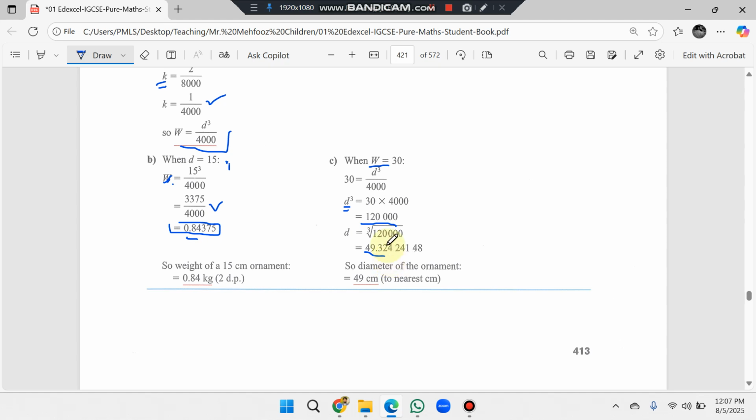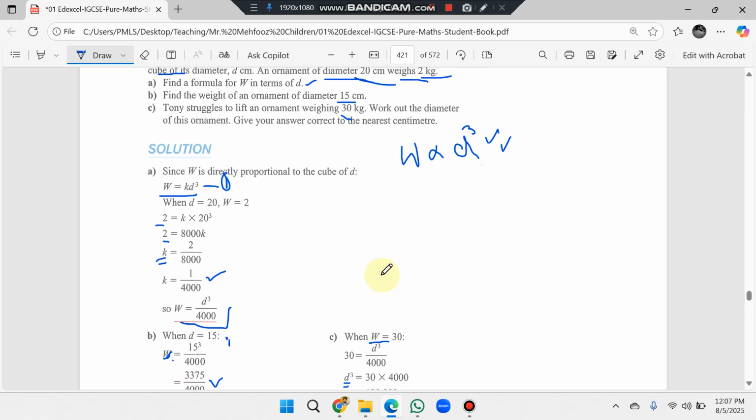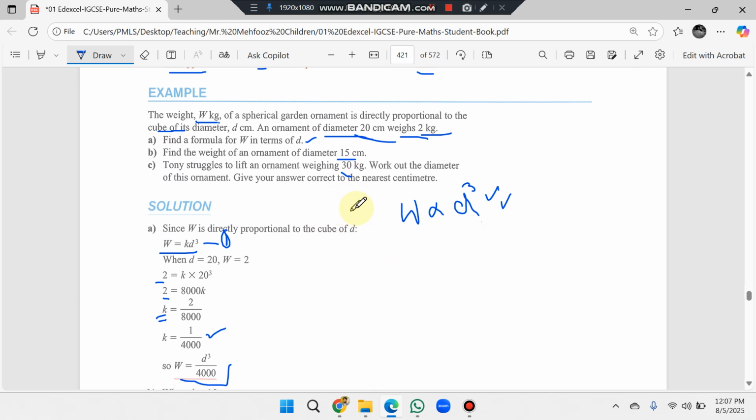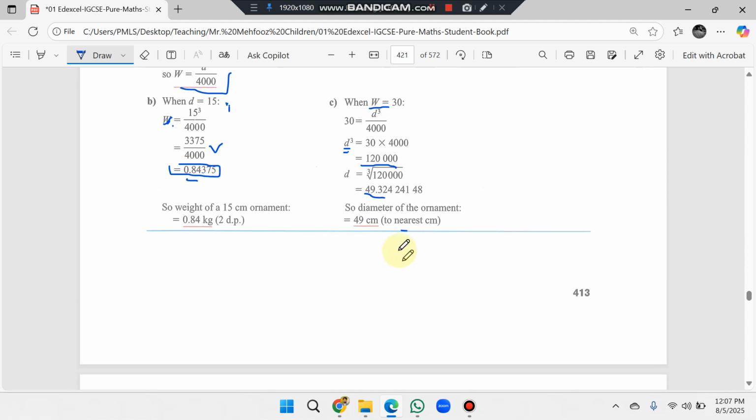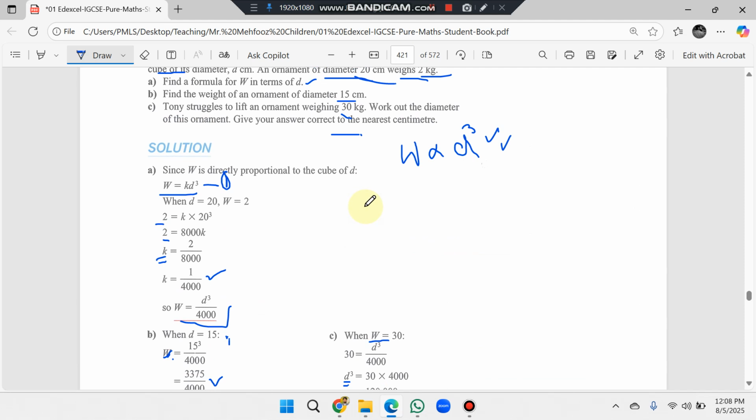This is your diameter. And because he is asking in the question for the nearest centimeter, we can write it as 49.3. Due to this 3, we write it as just simple 49. If the value becomes greater than or equal to 5, then we put this value as 50. Okay, so this is your solution for this example.